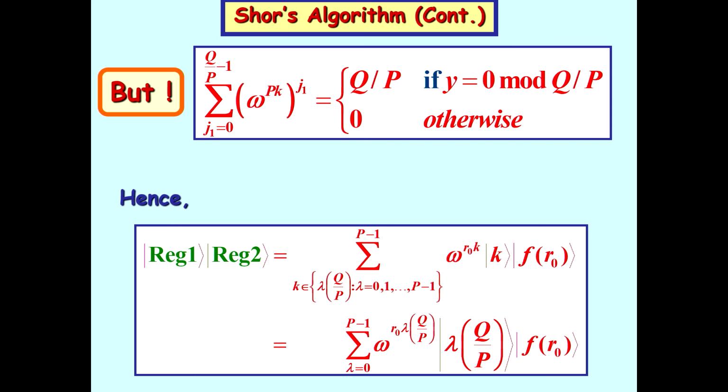Now what we have in our left register is essentially a multiple of a rational number of the form q over p.